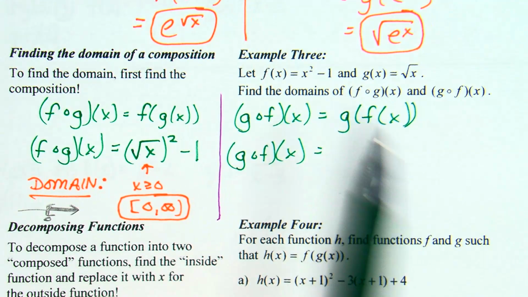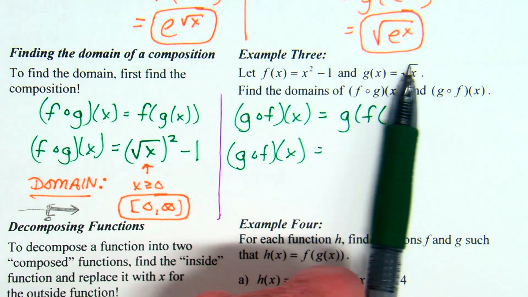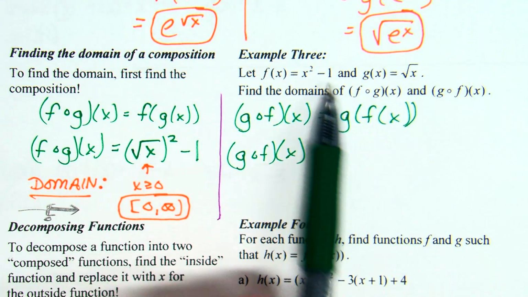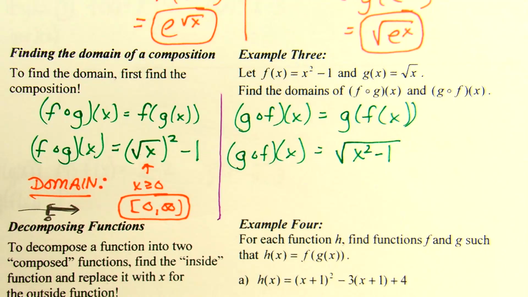So what is f? x squared minus 1. And we're going to put it in g wherever the x is. So what does g say? g says square root of x. So that x now is going to be replaced with, what was f? x squared minus 1. So what's that going to look like? Square root of x squared minus 1.